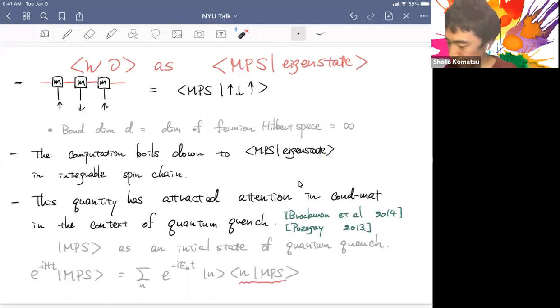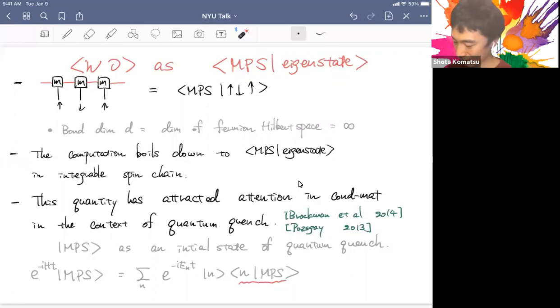And this overlap has attracted a lot of attention recently in the condensed matter community in the context of quantum quench. I listed several important works in this context, especially in the context of integrable spin chains.